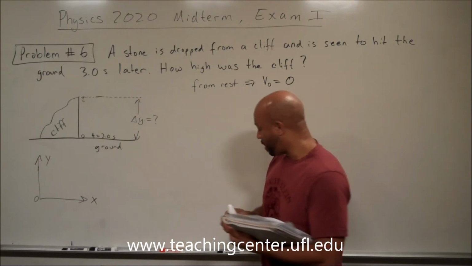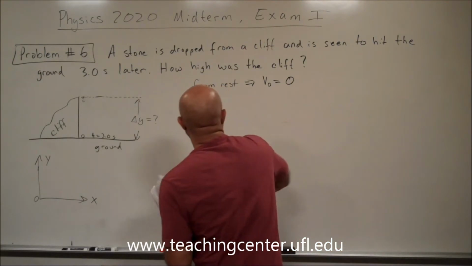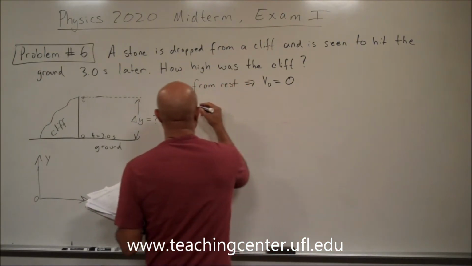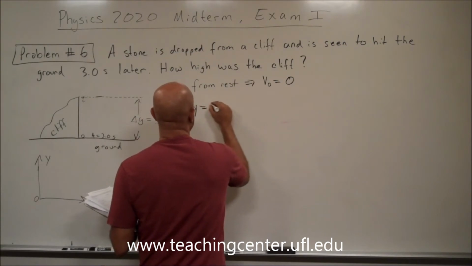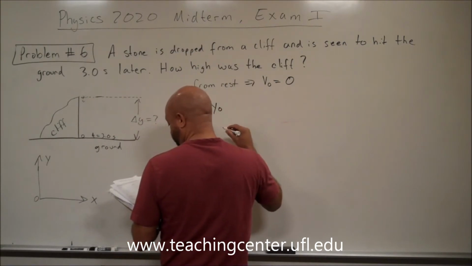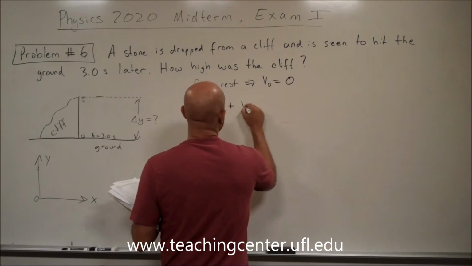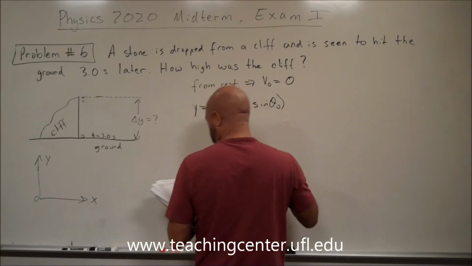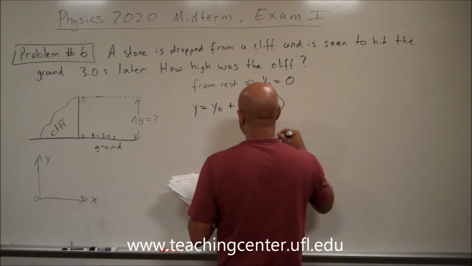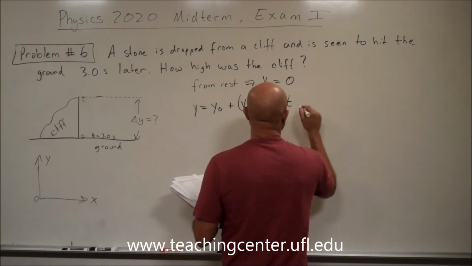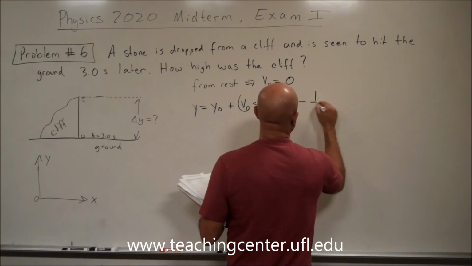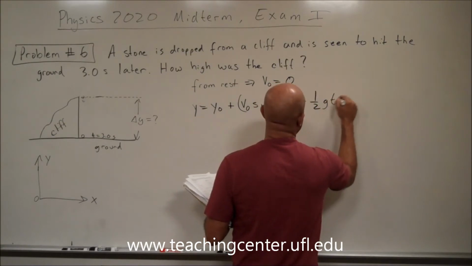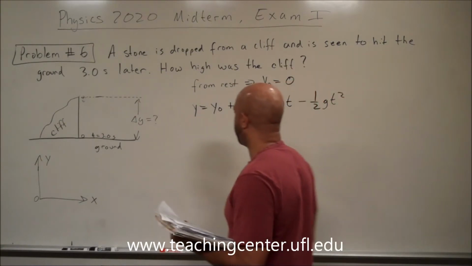Under the y direction formulas, we have: y is equal to the initial y plus your initial velocity times the sine of your initial angle times the time, minus 1/2 times gravity times the time squared.